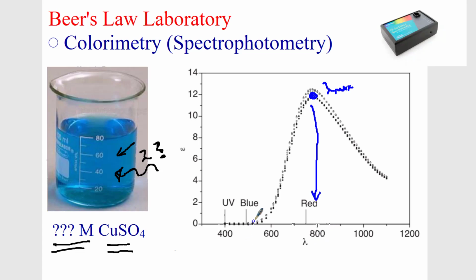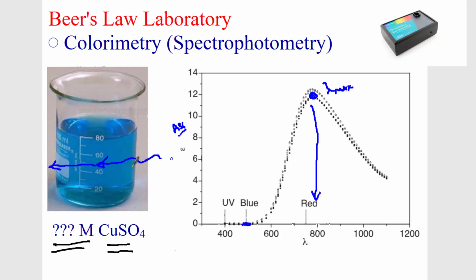You can see, why doesn't blue absorb? This is the absorbance on this y-axis here. Why doesn't the solution absorb blue light? Because when we put blue light coming through, the blue solution can't absorb anything, and all of it goes straight through. It's kind of like it's colorblind.